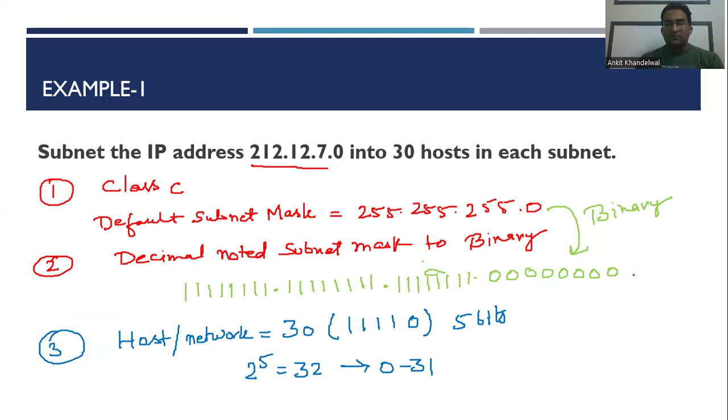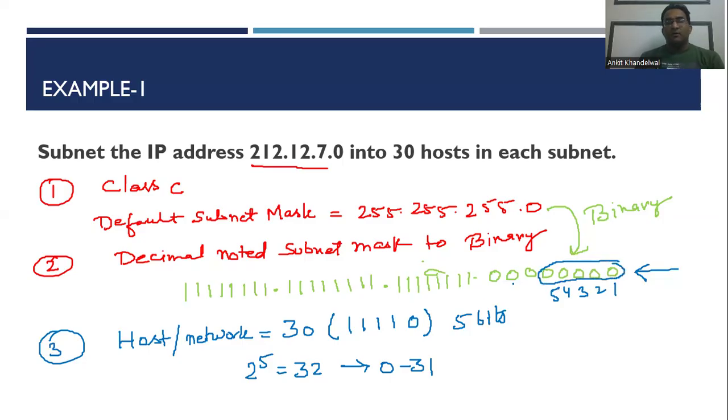So we will use this particular default subnet mask. From the extreme back side, we will count a total of 5 bits: 1, 2, 3, 4, and 5. Up to these 5 bits will not be changed. We will not do anything to these 5 bits.